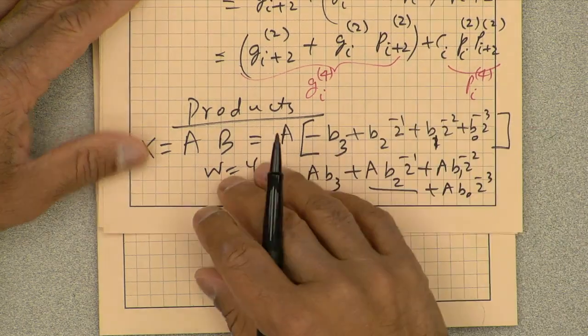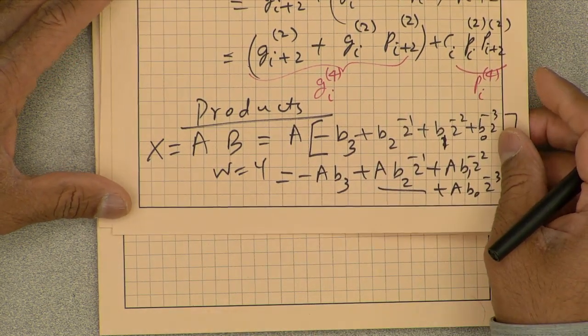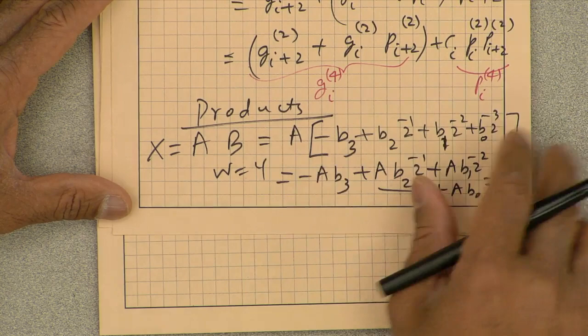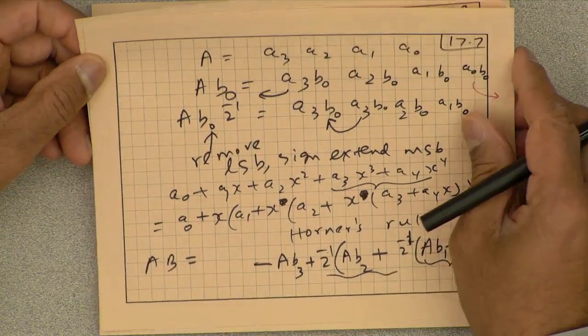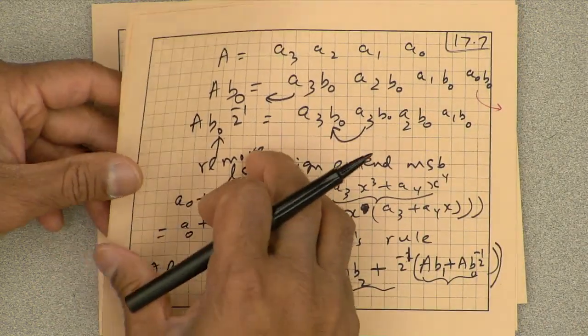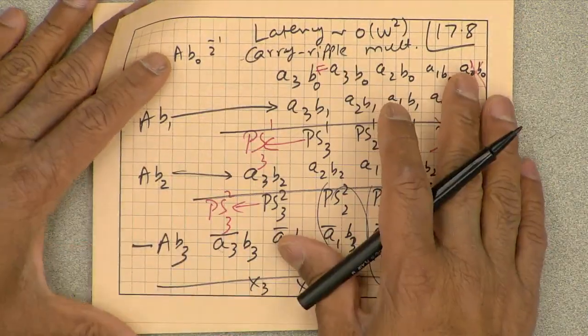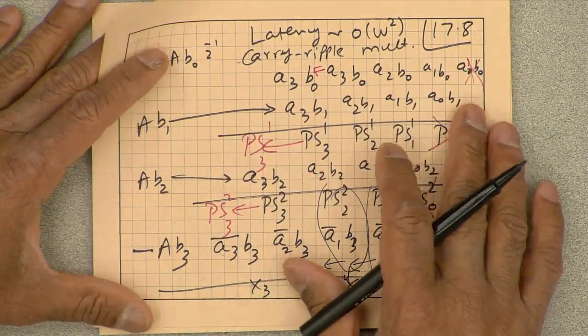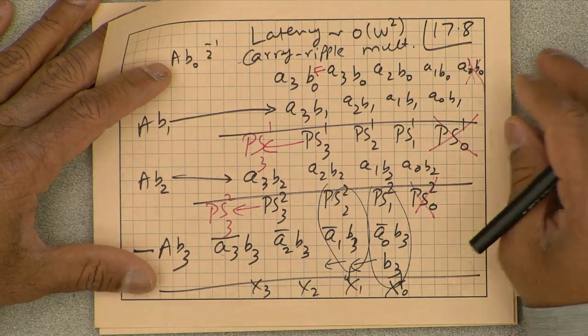So we saw that if I am going to compute A times B, then we can express this whole product using Horner's rule, and using Horner's rule we can have a table like that. For now, let's think about this table here.